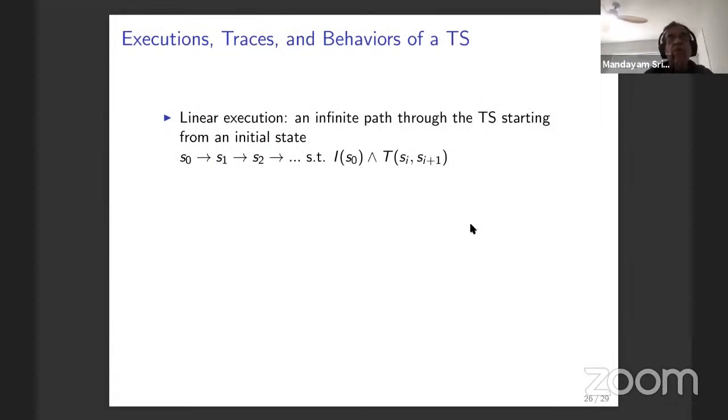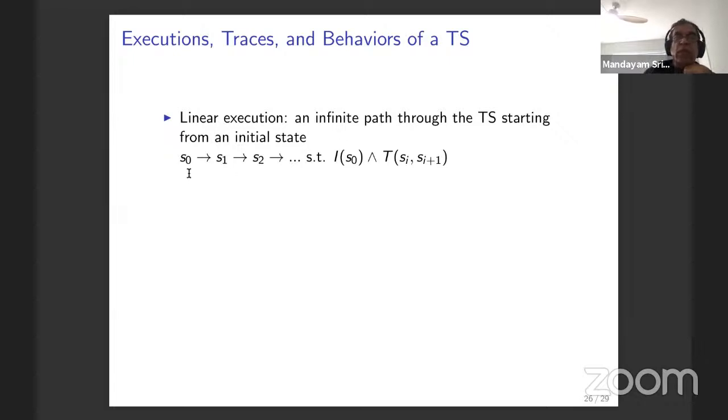Let me now introduce a few more concepts here. Given a Kripke structure, a labeled transition system, we talk about something called executions, traces, and behaviors of a transition system. A linear execution of a transition system is an infinite path through the transition system, starting from an initial state.